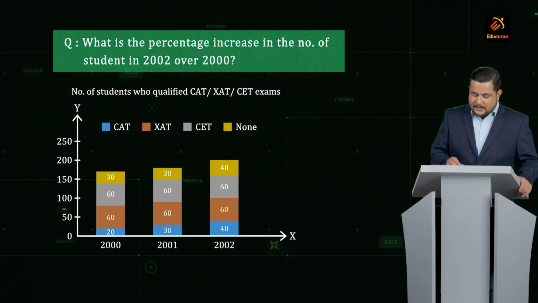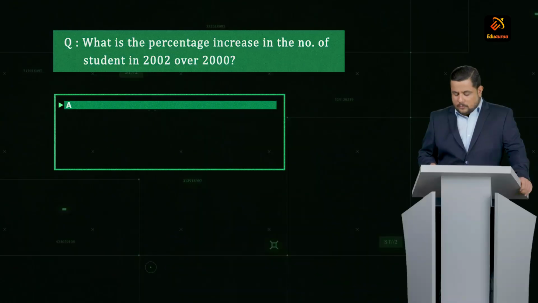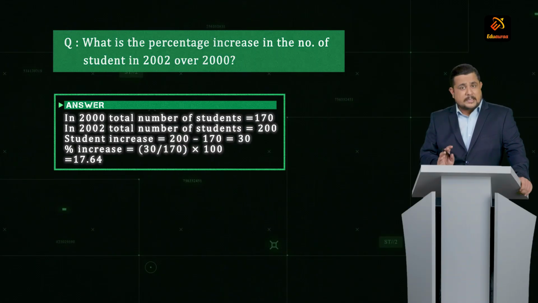The bar in 2002 is also subdivided. 40 plus 60, you will get what? 100. 100 plus 60, 160 plus 40, so 200. How many students were there? 200, right? Completely 200. So in 2000, the total number of students was 170, and in 2002, it becomes 200.